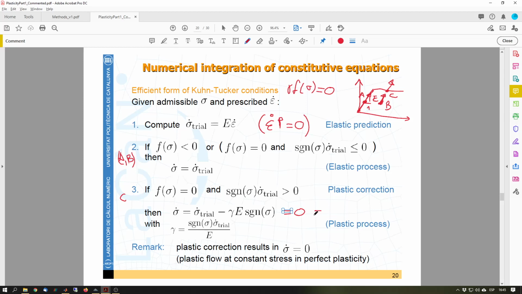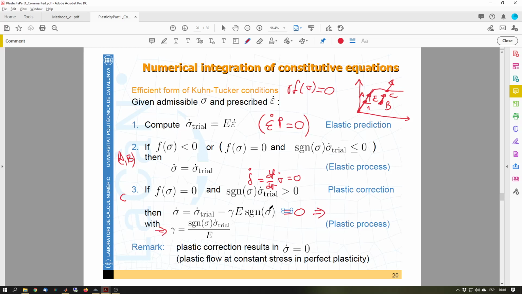So in fact what we are assuming is that f dot equals the derivative of f with respect to sigma, by sigma dot, should be equal to 0. F cannot increase because it's already 0, so f dot must remain equal to 0. So it means that sigma dot must be equal to 0 when we're writing that, and from that we deduce the value of gamma.